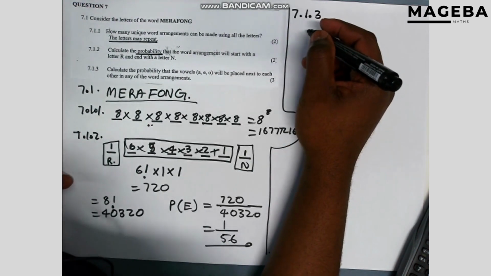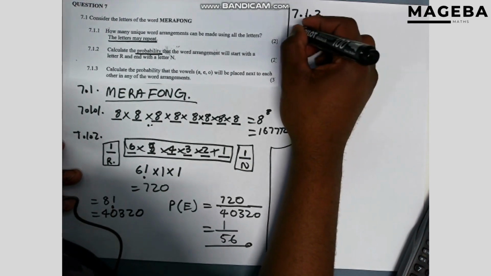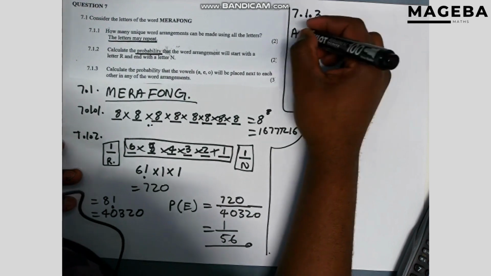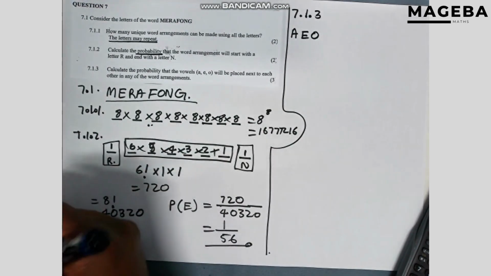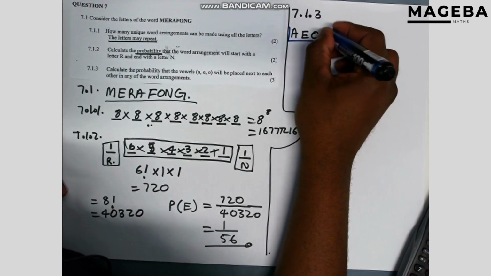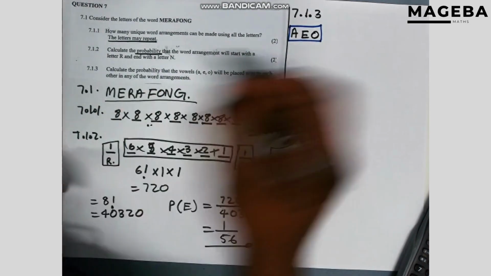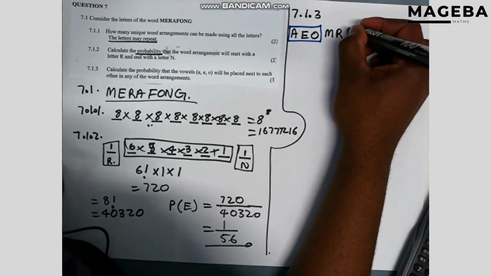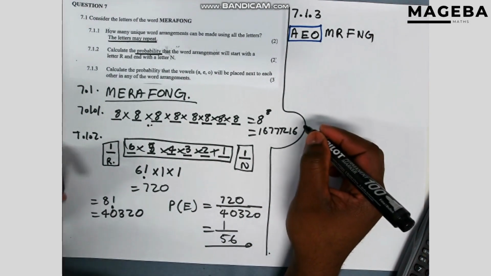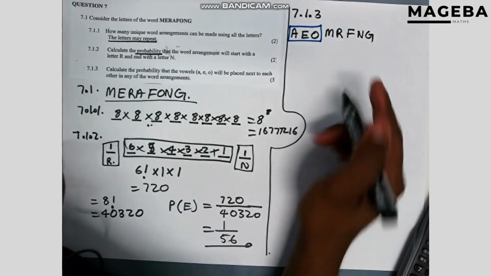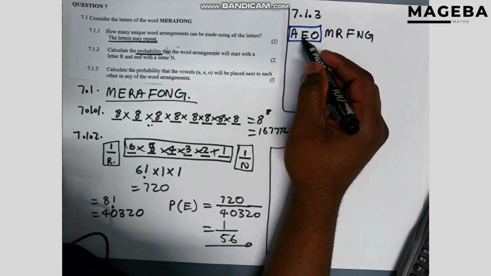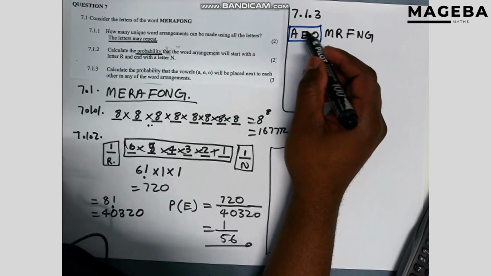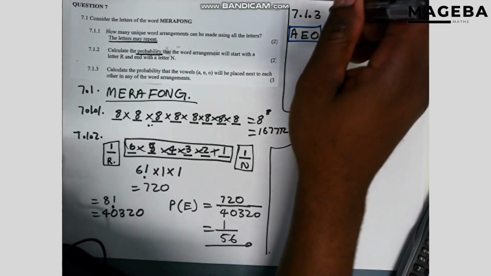Now let's place the vowels of this word: A, E, O, grouped together because they must be placed next to each other, and then the following letters are M, R, F, and G. Remember, these vowels are going to be placed next to each other, like it or not. Now these vowels are in the box.